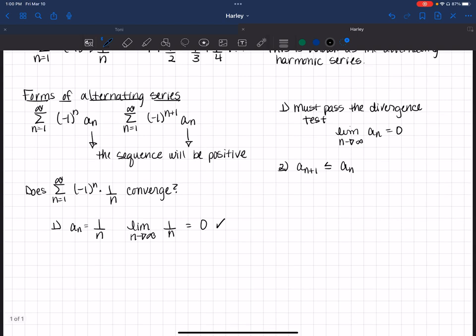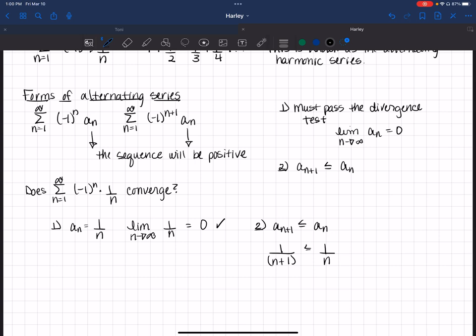So the second part that it has to pass is that a sub n+1 is less than or equal to a sub n. All that means is, is 1 over n+1 less than or equal to 1 over n? Well, yes, it is, because all my n values are positive.